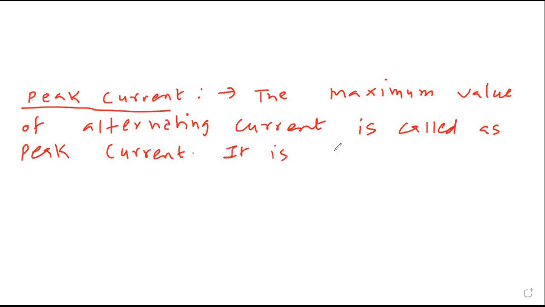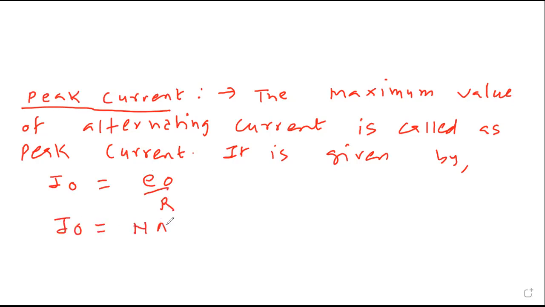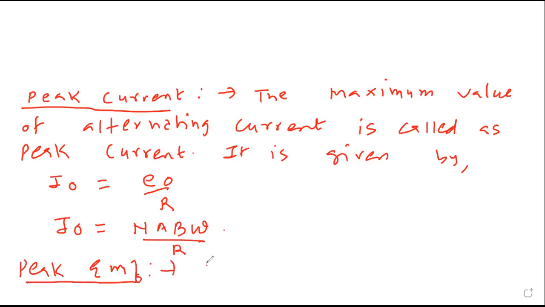It is given by I naught equals to E naught upon R, which is NAB omega upon R. Maximum EMF of alternating sources NAB omega. So peak EMF or voltage is same.